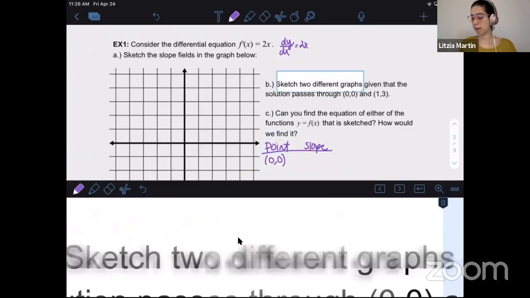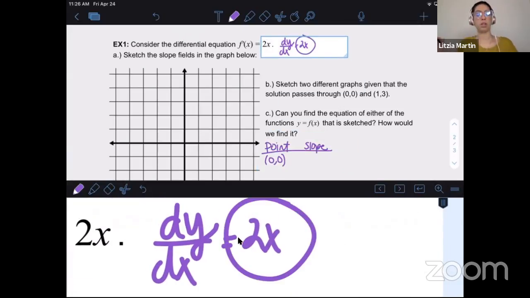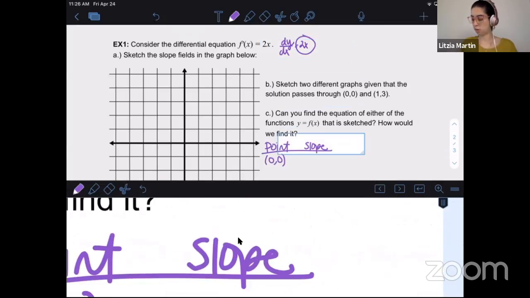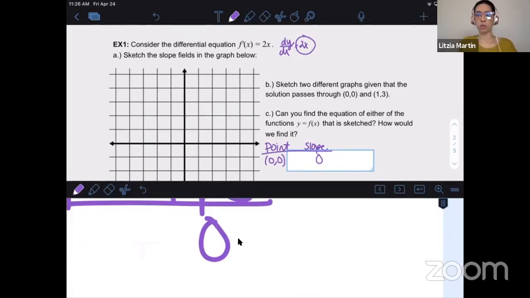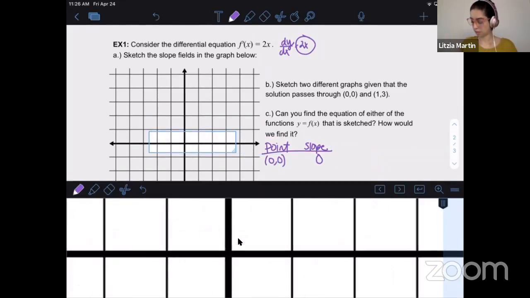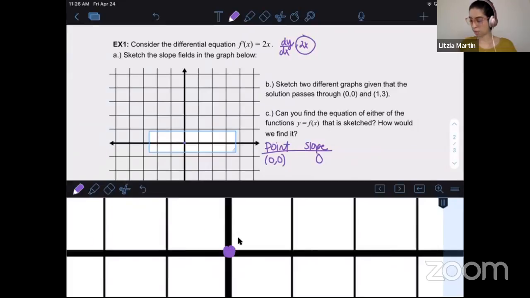In this case, our derivative is 2x, so we only need to plug in the x value. When we plug in 0 for x, we get 2 times 0, which is 0. So on my graph, where I have the point (0, 0), I'm going to draw a slope of 0.